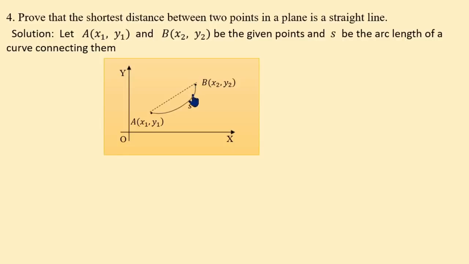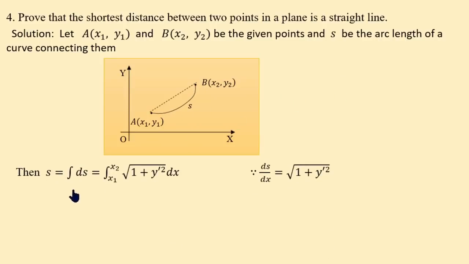And we have one formula, ds by dx is square root of 1 plus y dash square. Integral of ds from x1 to x2 is nothing but s. So, arc length s becomes integral of ds, and ds by dx is square root of 1 plus y dash square.